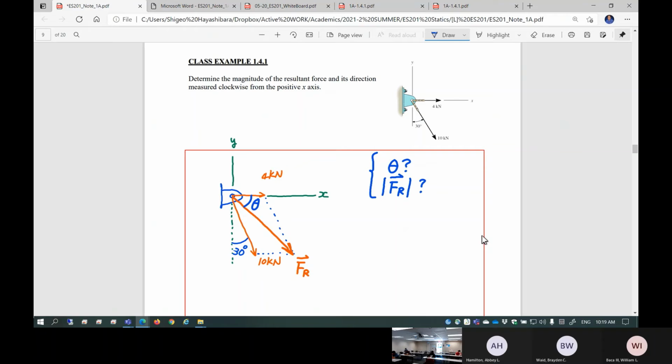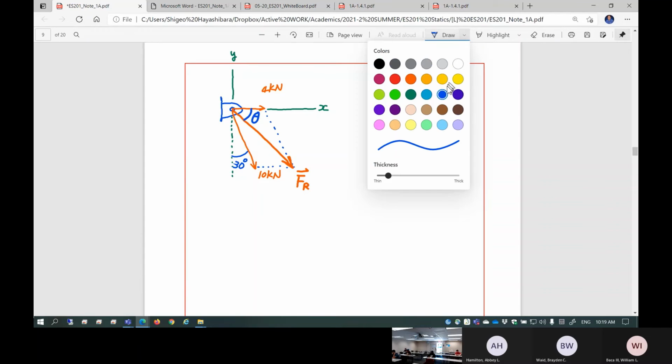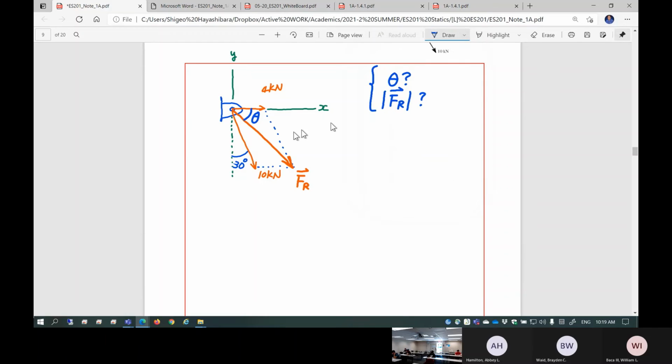Okay? So what can we do? How can we determine, first of all, Fr? Anybody? Sine law or cosine law? Which one? Cosine. Cosine law. So let's use which triangle to determine cosine law?